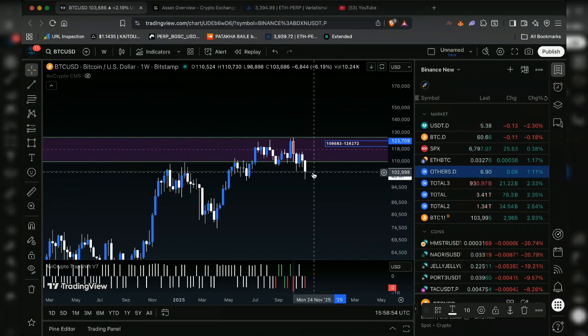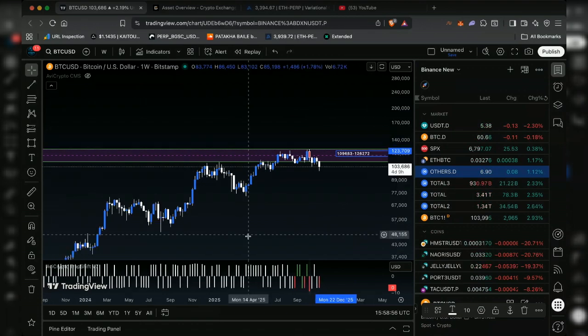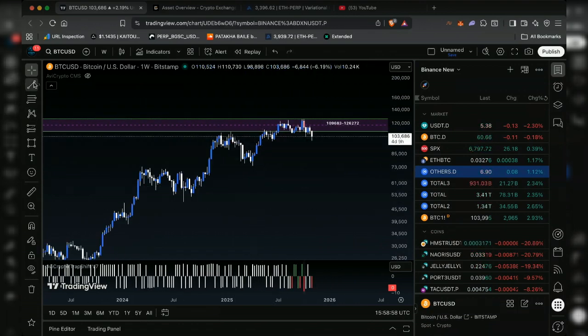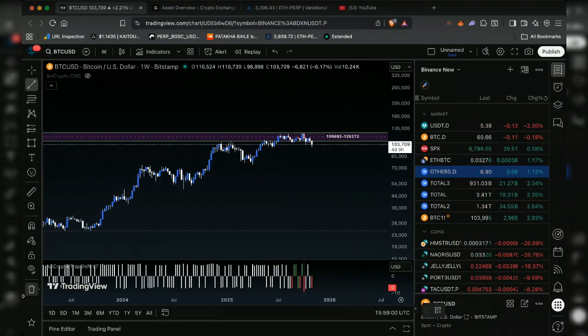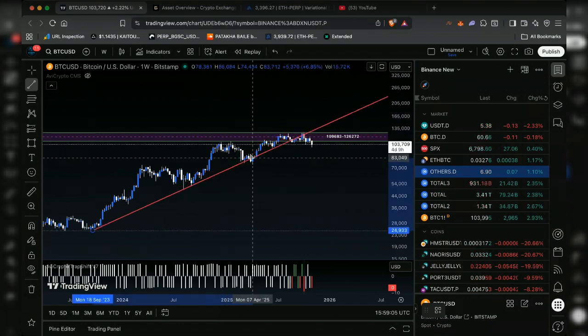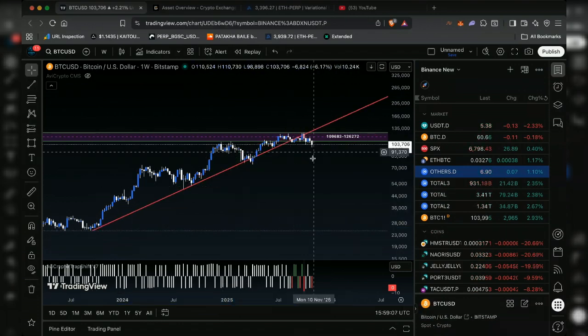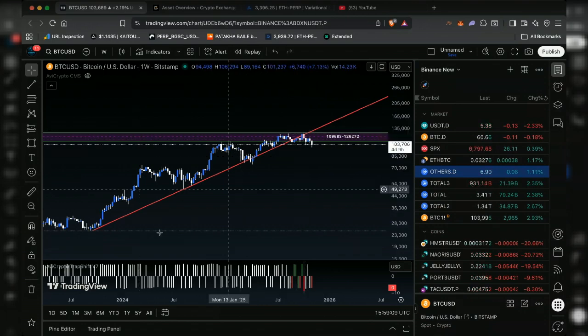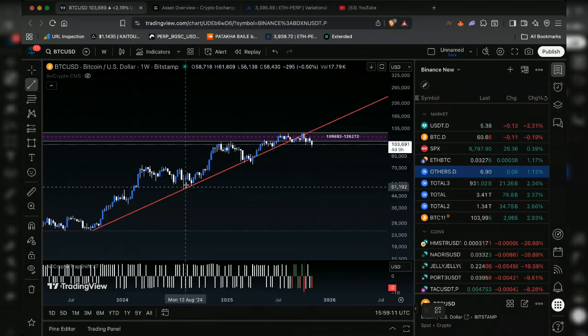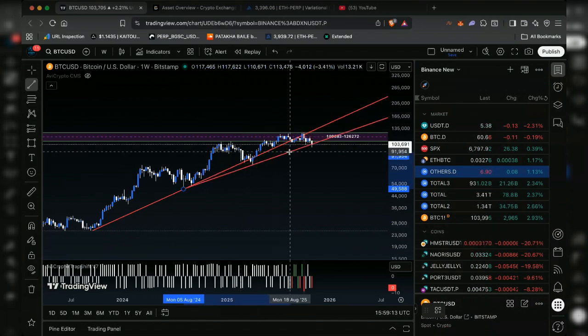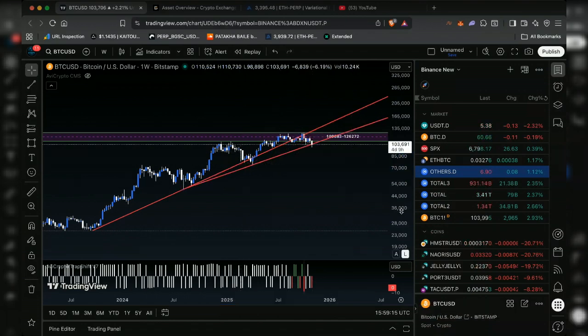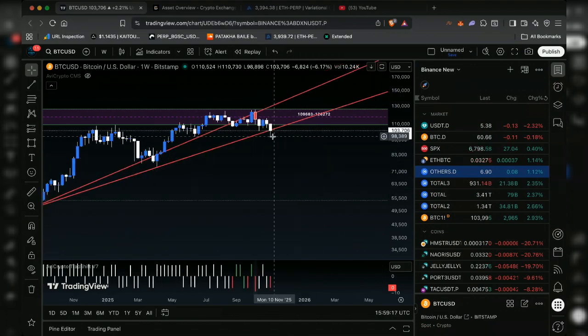Just to follow the things, if we follow this macro chart, we have already broken this trend. If we follow the micro chart, we have already reached this, but we have not closed it because it's a weekly candle.